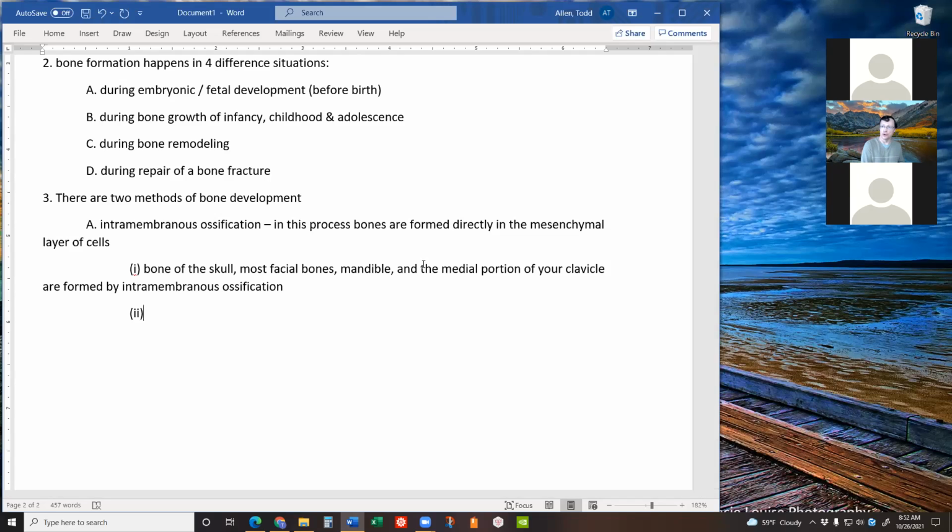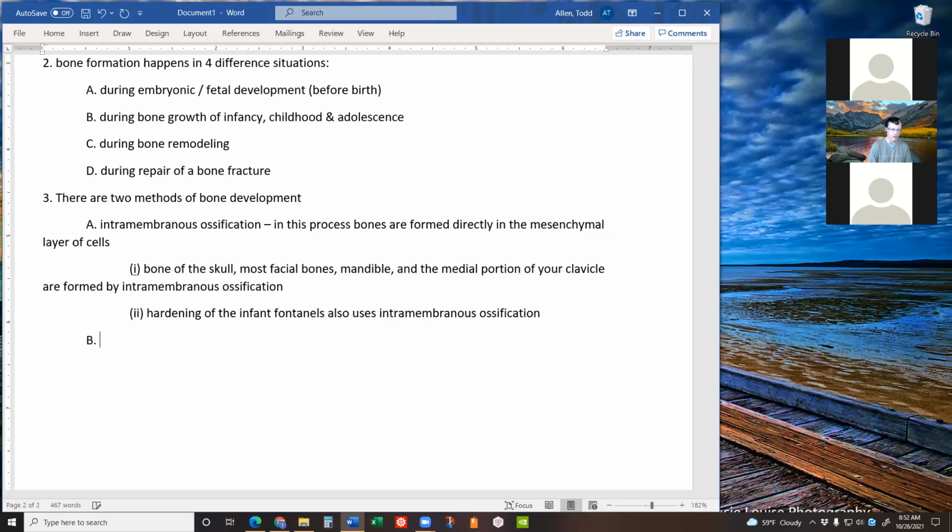Well, the fontanelles will harden through the process of intramembranous ossification. Hardening of the infant fontanelles also uses intramembranous ossification.